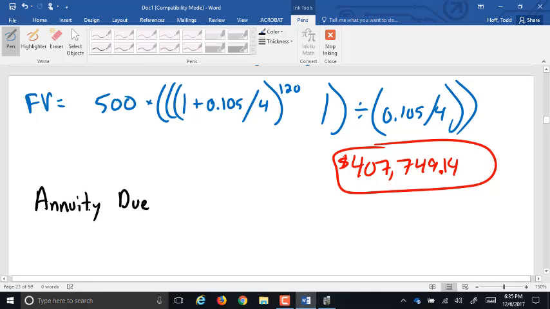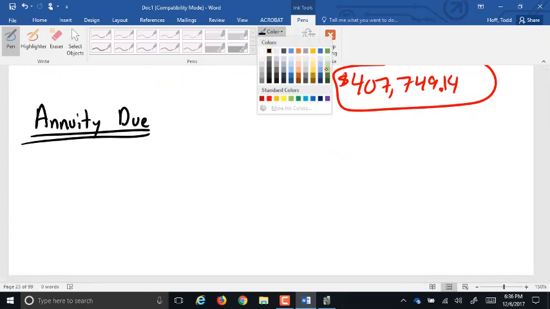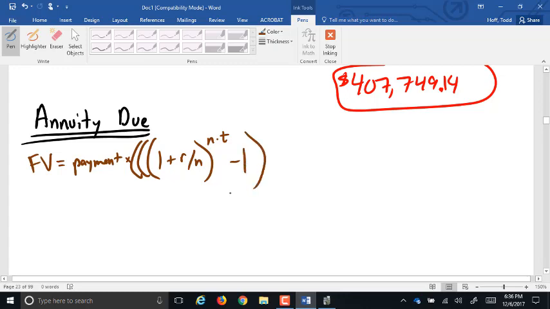What if it is an annuity due? The formula for the future value of an annuity due: the first majority of this formula is going to look very familiar. It's your amount of payment times, guess how many parentheses? 3. 1 plus R over N, close parentheses, to the power of N times T, minus 1, close parentheses.